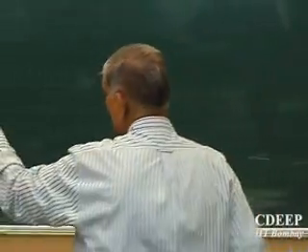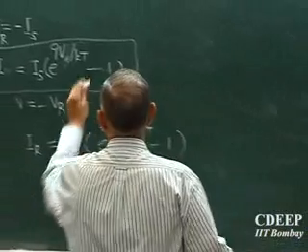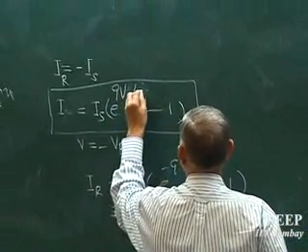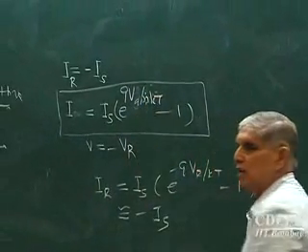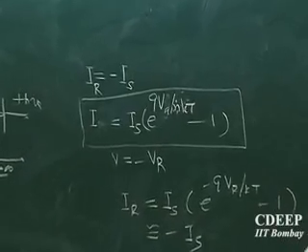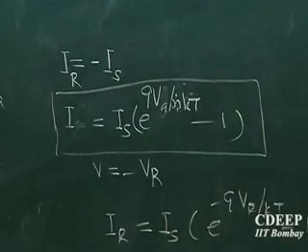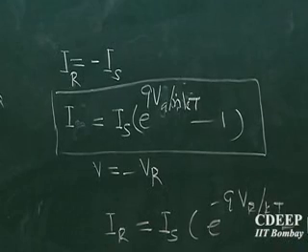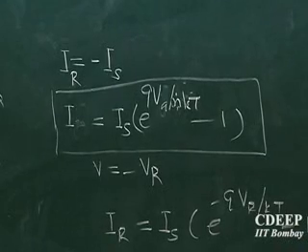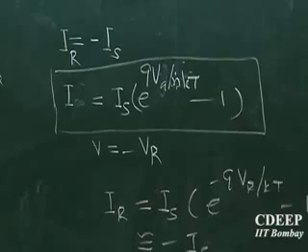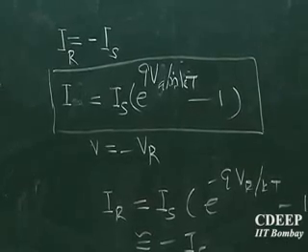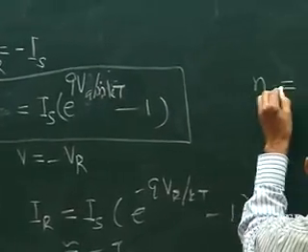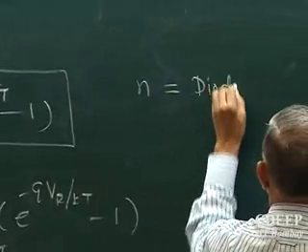And to make the slope changing, I may also add one term n, where n can be 2 or 1. E to the power QV by 2kT means n is 2. E to the power QV by kT means n is 1. Now this n is called the ideality factor.